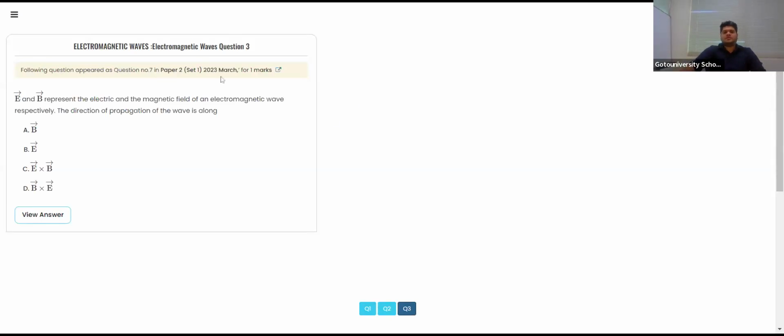Now, a March 2023, 1 mark question on your screen. E and B represent electric and magnetic field of an electromagnetic wave respectively. The direction of propagation of the wave is along vector B, vector E cross B, or vector BE.